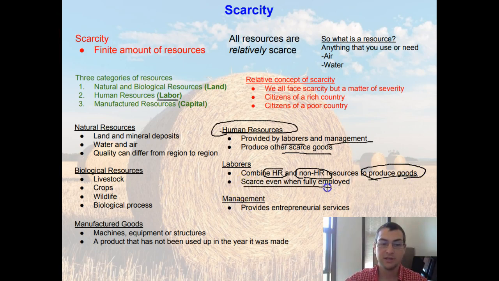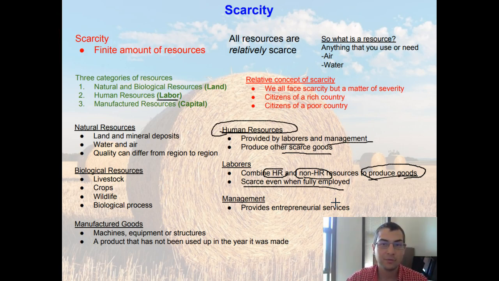Another thing to note is that laborers, even when fully employed, even whenever the unemployment rate goes to zero here in the United States, we still consider laborers to be scarce. And they're still scarce because think about it this way. As a ranch manager, you might want to hire more laborers. You might want to hire more workers to work your land. But at the current wages, say the wage that you're paying is $10, you can only afford to hire, say, 5 people.